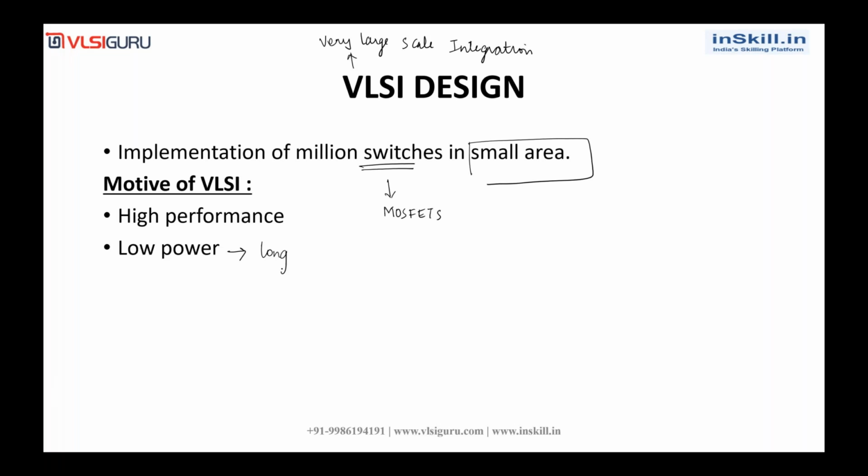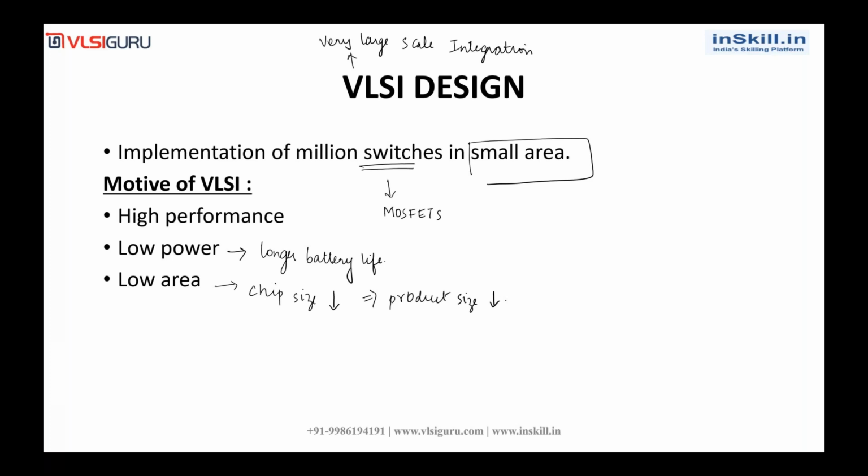And then low area. Why we go for low area is that if our chip size is less, then our product size will be less. So that is why we go for low area.